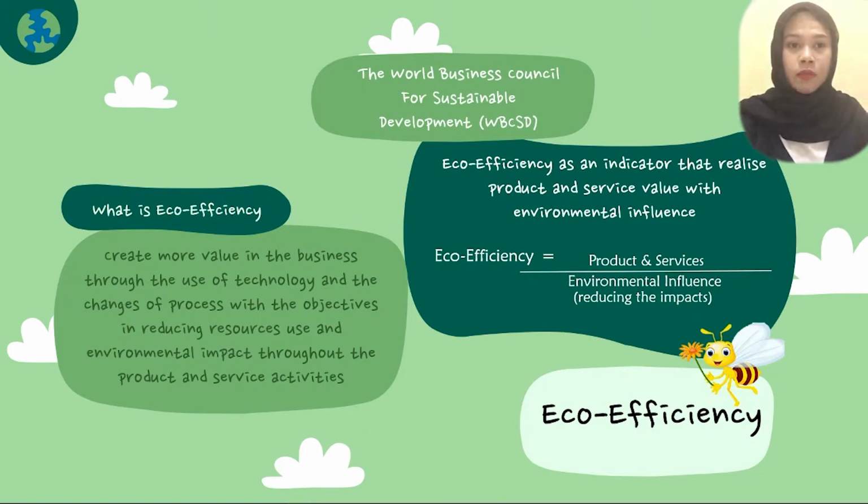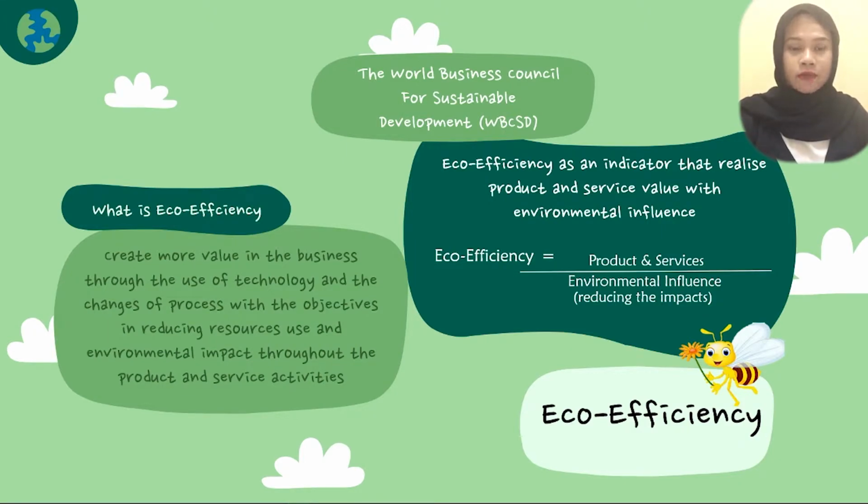However, the World Business Council for Sustainable Development, known as WBCSD, defines eco-efficiency as an indicator that relates product and service value with environmental influence. So eco-efficiency is equal to the product or service value over the environmental influence.